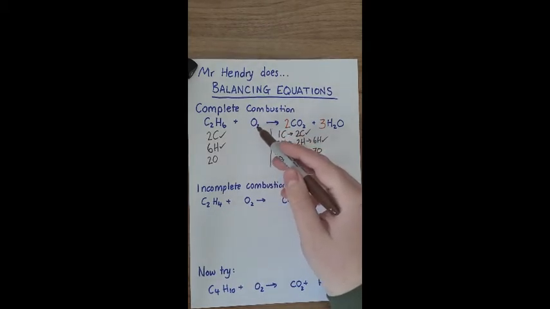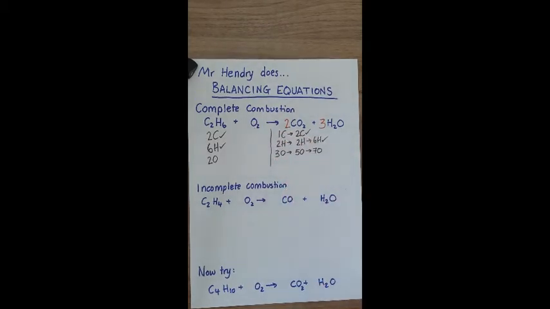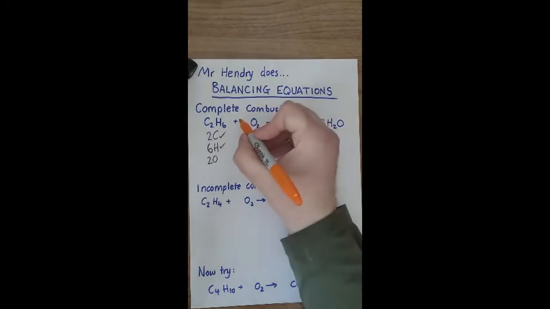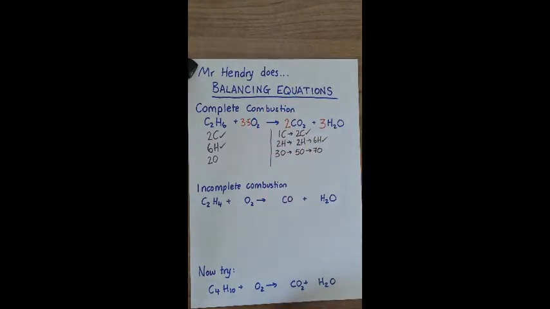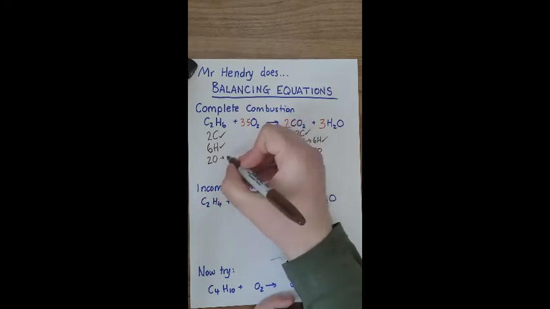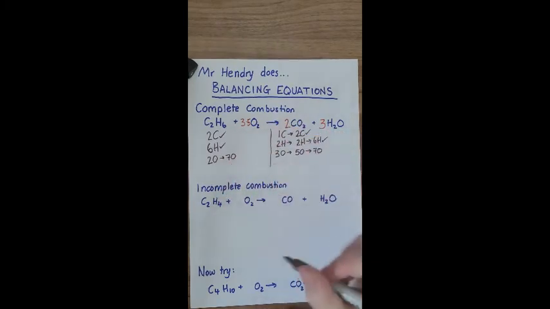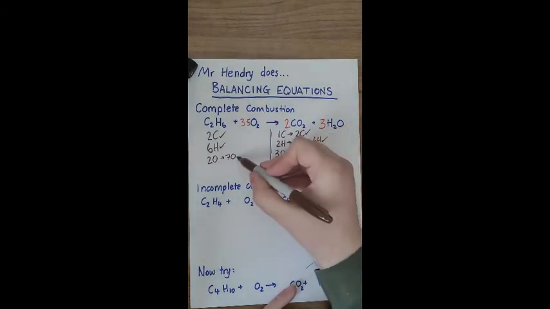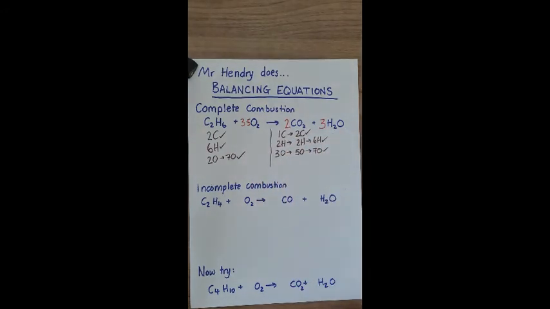So to get from 2 to 7, we're going to multiply by 3.5, and we're just going to put 3.5 molecules of oxygen in this equation. We'll double check to make sure everything balances, so 3.5 times 2 to give us 7 oxygens, and our equation is now completely balanced. I'm going to do another example, and this time looking at the incomplete combustion of ethene.